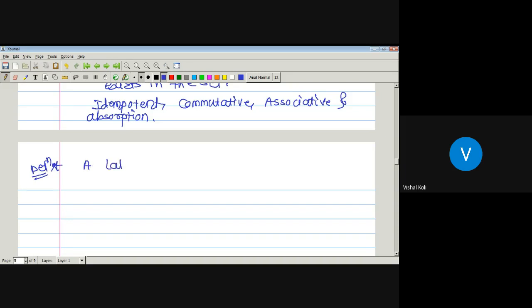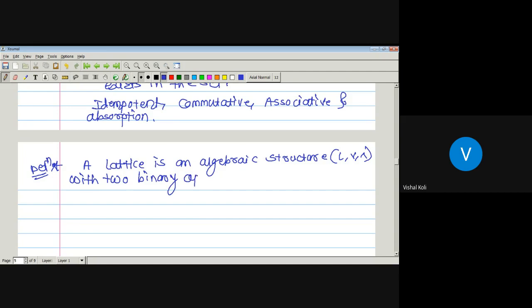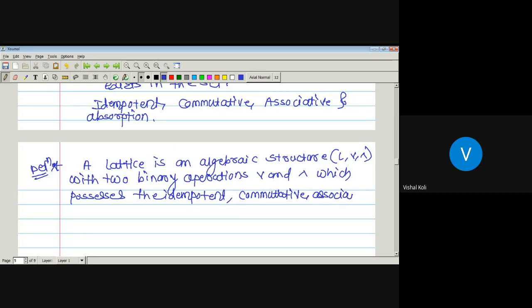So a lattice is an algebraic structure. Algebraic structure means it is a set which is closed under two binary operations, join and meet, which possess the idempotent, commutative, associative, and absorption properties.